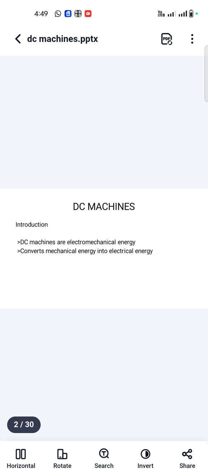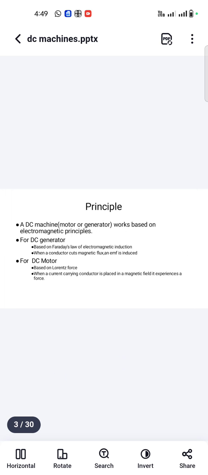Okay, so next, the principle. These DC machines work on the principle of electromagnetic induction. We already discussed that DC machines include the DC generator as well as the motor. Both work on electromagnetic induction, but in the DC generator it is Faraday's law of electromagnetic induction.